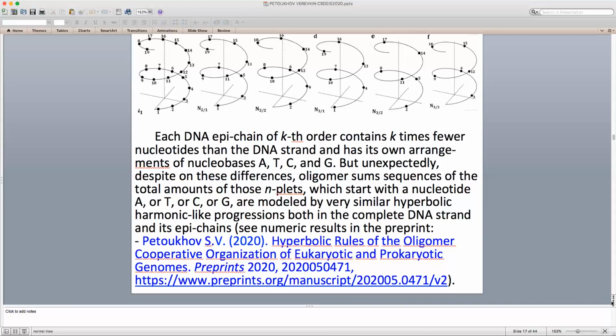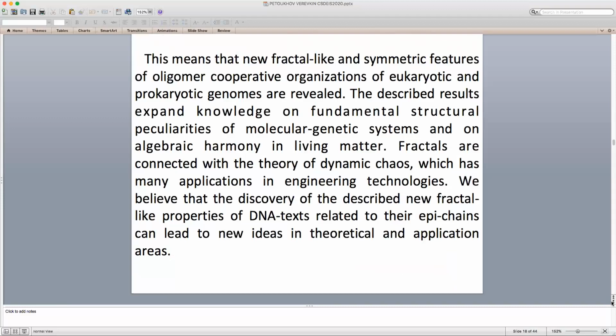See numeric results in the preprints shown on the slide. This means that new fractal-like and symmetric features of oligomer cooperative organizations of eukaryotic and prokaryotic genomes are revealed. The described results expand knowledge on fundamental structural peculiarities of molecular genetic systems and on algebraic harmony in living matter.